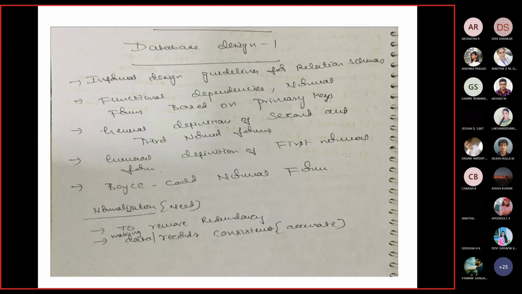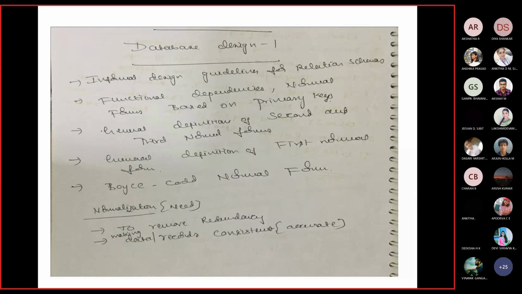That is a very important topic: informal design guidelines for relational schema. Assume that now you are going to design one database. Whenever you are going to design any database, what guidelines should we follow? Those guidelines we usually call informal design guidelines for relational schema, that is one thing.